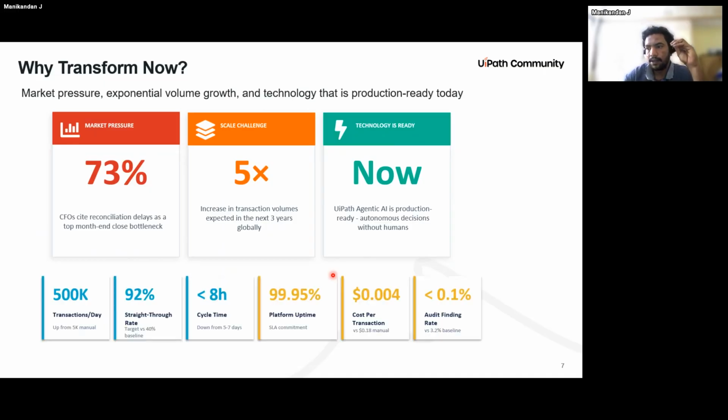If across the organization you are doing overall 500k transactions per day, then with agentic AI you can achieve 90% STP, straight through processing. What you can consider as 5 days maximum manually, your agentic AI will complete that cycle within 8 hours.